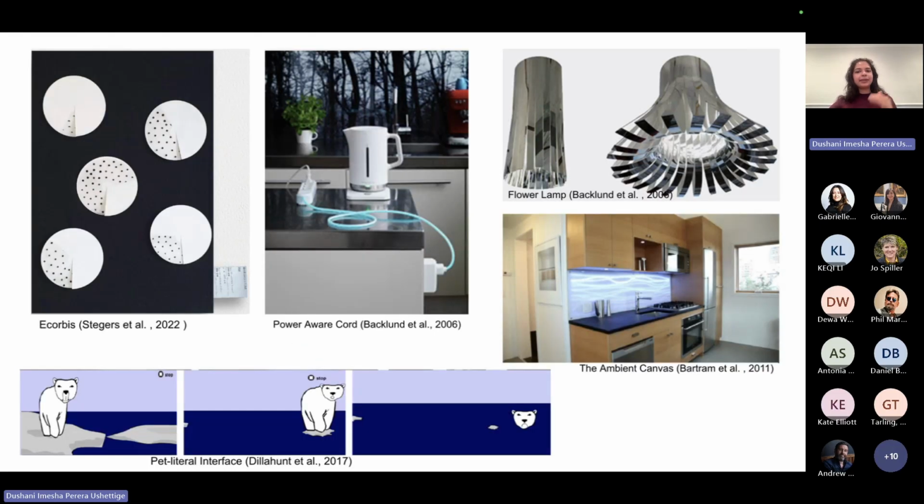Now, there have been many interventions done in the past to communicate to the general public, look, you are using this much energy, maybe you can be a bit mindful in terms of how much you use. For example, the kettle over here: this wire lights up in different colors to show whether you're using the kettle too much or whether it's draining a lot of power.